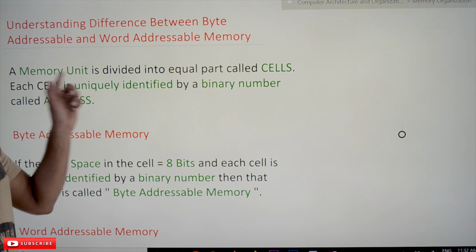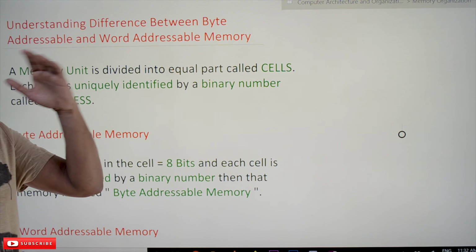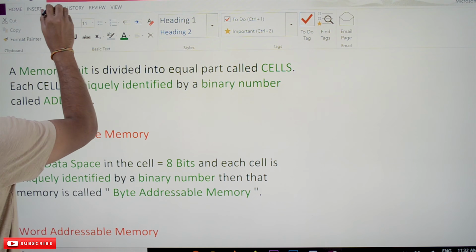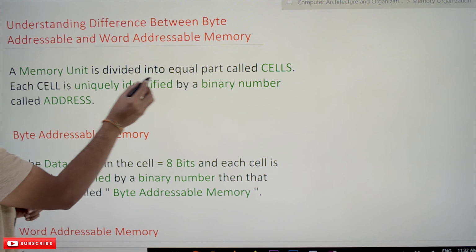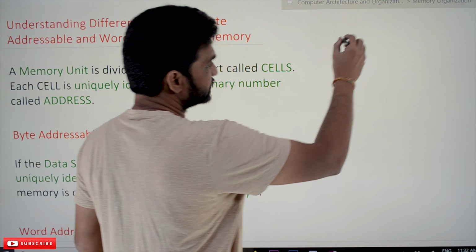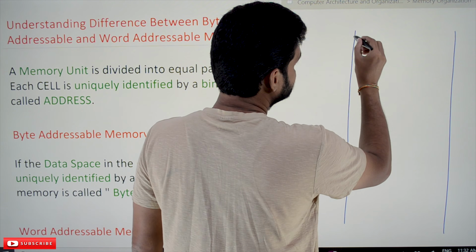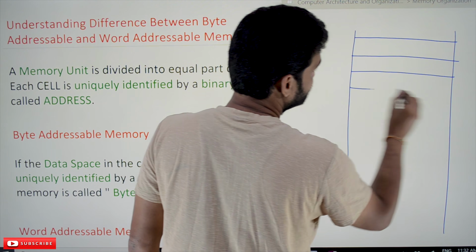A memory unit is divided into equal parts called cells. So how can we visualize this definition? Let's assume that this is a memory, and this memory is divided into equal parts called cells.